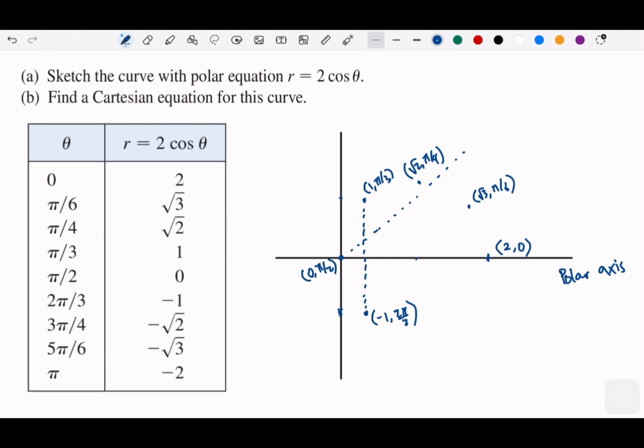It should be around here somewhere, but this is perfectly the opposite direction of our original point. I hope you get this, and do the same thing with this, and you will see that all of this will be symmetrical, and the endpoint is here, at 2 pi.